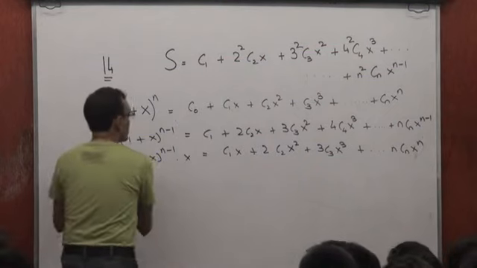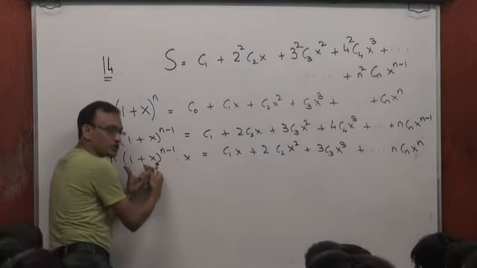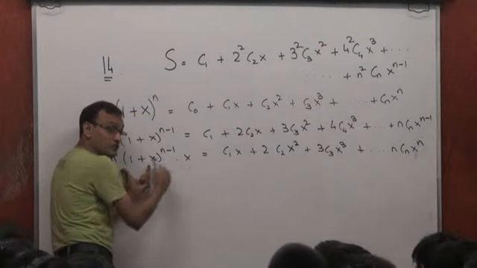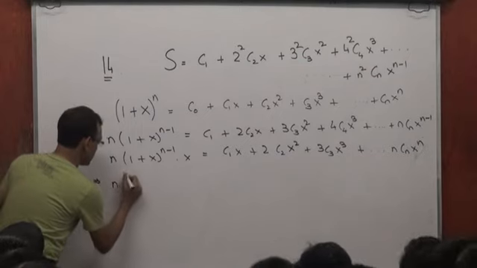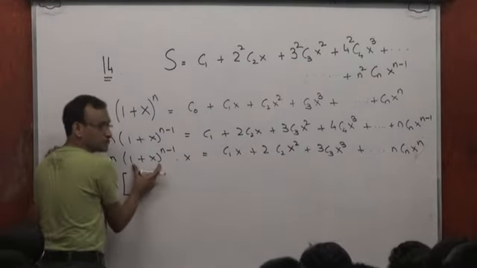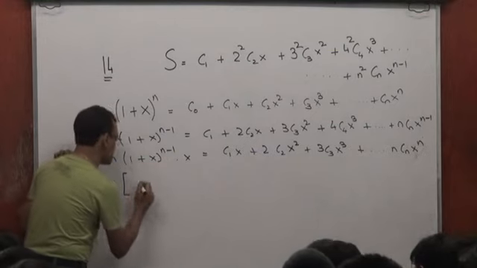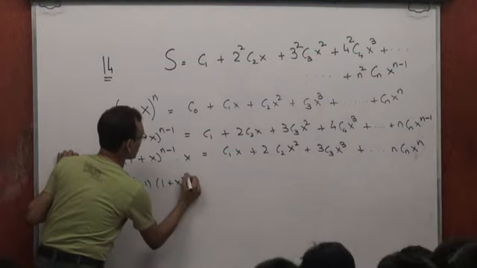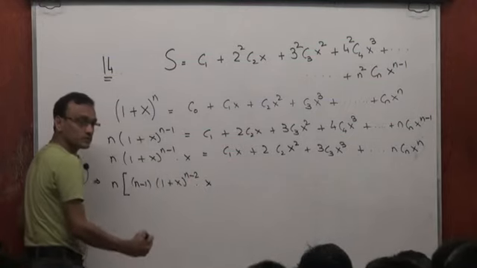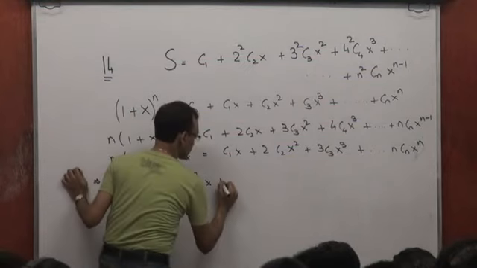Now in this case, this is a product of two functions, so I'll apply the product rule of differentiation with respect to x. We get the derivative of this into this plus derivative of this into this. Derivative of this with respect to x is going to be n minus 1 from the chain rule, (1 plus x) power n minus 2 into x, plus derivative of x, which is 1, into this.